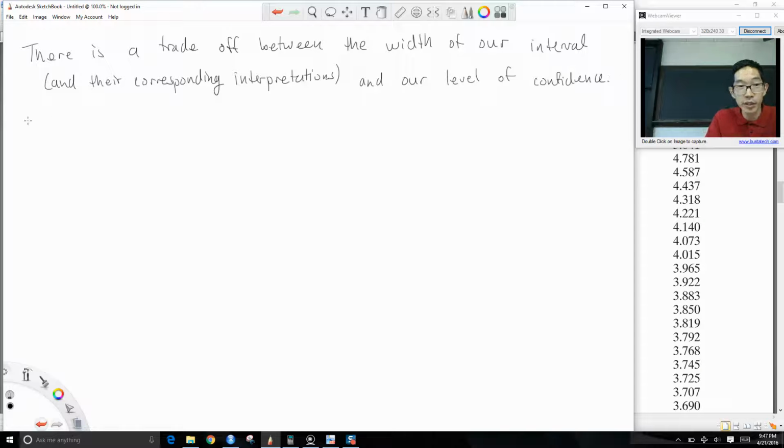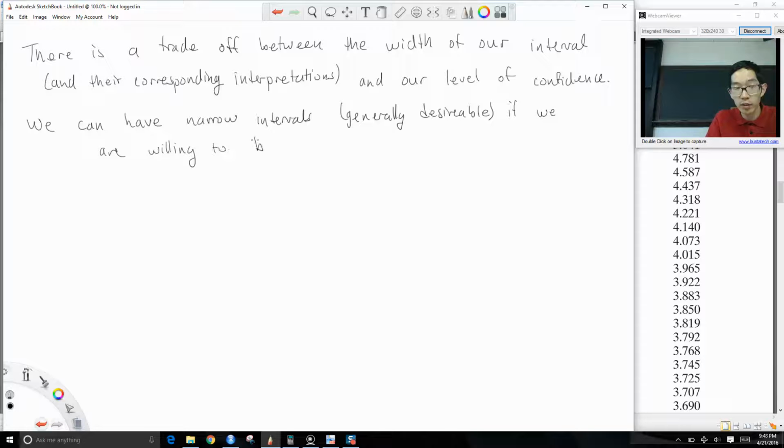We can have narrow intervals, which are generally desirable, if we are willing to be less confident in our statement, which is undesirable.